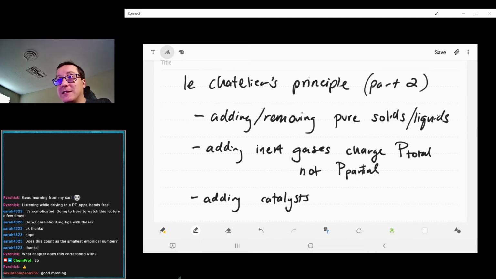Remember, catalysts just change the mechanism, so we still have forward and reverse reactions. So just making those happen faster does not actually change your concentrations at equilibrium. So catalysts are not going to have any effect in terms of Le Chatelier's principle, just going to help things happen faster. But we're still going to end up with the same equilibrium whether or not we used our catalyst. So just putting that in there as well.